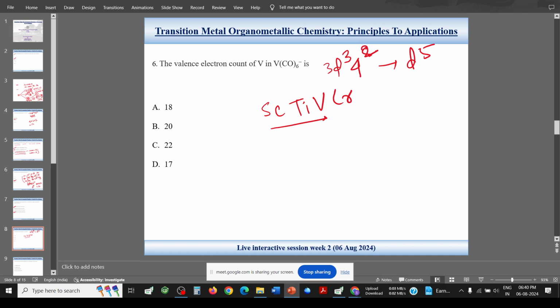18 electrons. Okay, then let me count it.